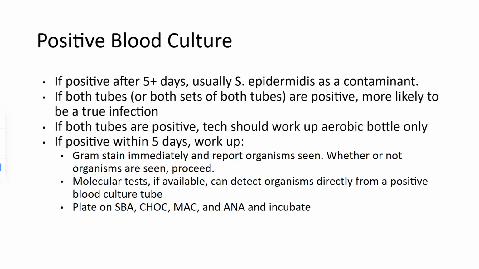If both tubes or both sets of tubes are positive, it's more likely to be a true infection. If both tubes are positive, the tech should only work up the aerobic bottle, because it's likely that the same organism is why both of them turned positive. So we don't need to duplicate the results.